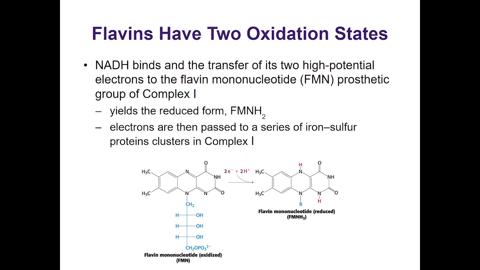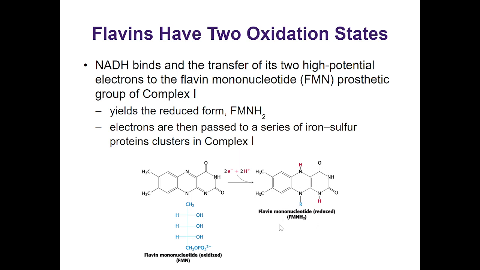Okay? All right. And so right here, again, this is FMN here. And so it's going to gain 2 electrons, or we can say 2 hydrogens. Okay? It's essentially the equivalent thing here, reduced twice. And so this is going to then give you the flavin mononucleotide.